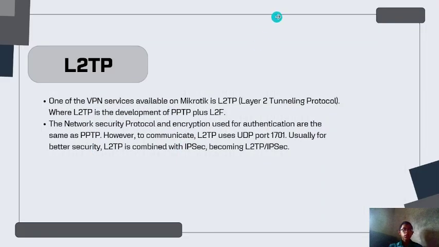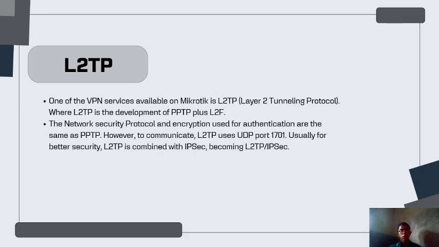And next I will explain and practice about L2TP. L2TP, layer 2 tunneling protocol, is one of the VPN services available on MikroTik, where L2TP is the development of PPTP plus L2F. The network security protocol and encryption used for authentication are the same as PPTP. However, to communicate, L2TP uses UDP port 1701.